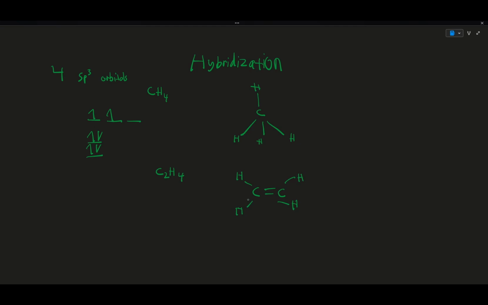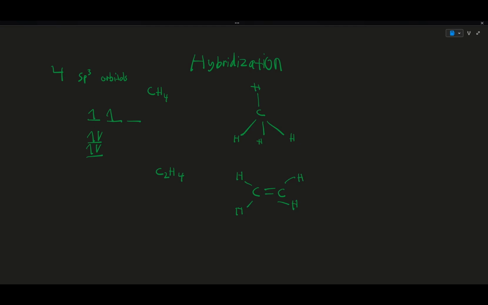In this case, carbon mixes one 2s and two 2p orbitals, leaving one 2p orbital from each carbon unhybridized. The 3 sp2 orbitals lie in a plane, forming sigma bonds with hydrogen and the other carbon.